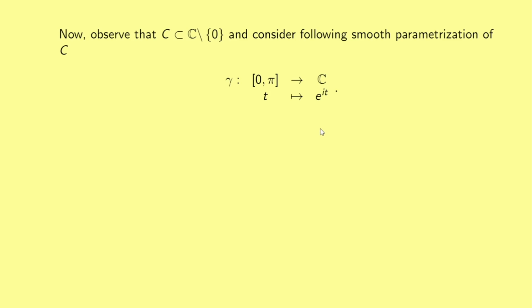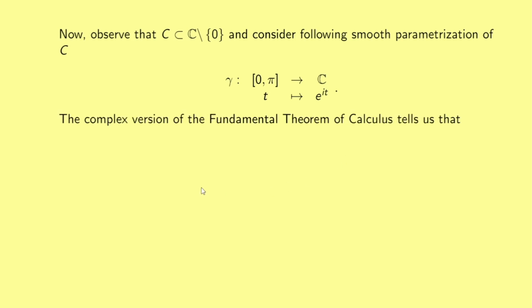I chose one so the problem could be more concrete, but I didn't even need to specify it. So here we have gamma from 0 to pi, which takes t to e to the power i t. And now we apply the complex version of the fundamental theorem of calculus.